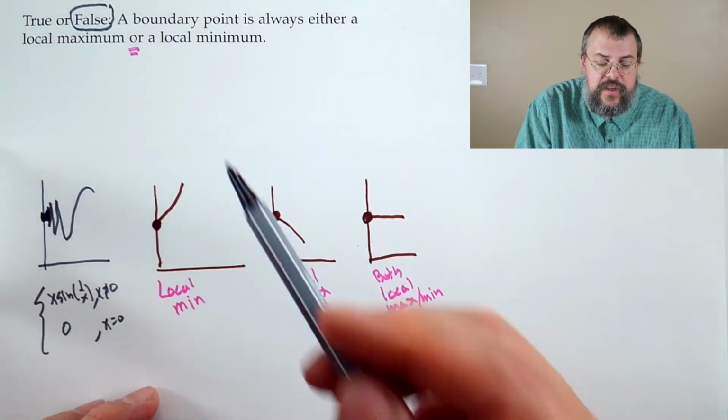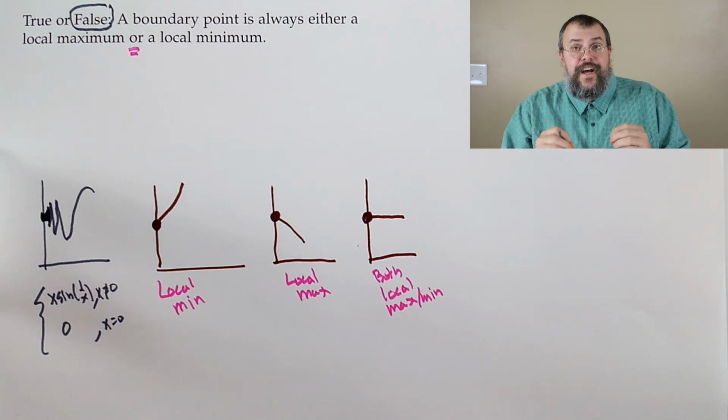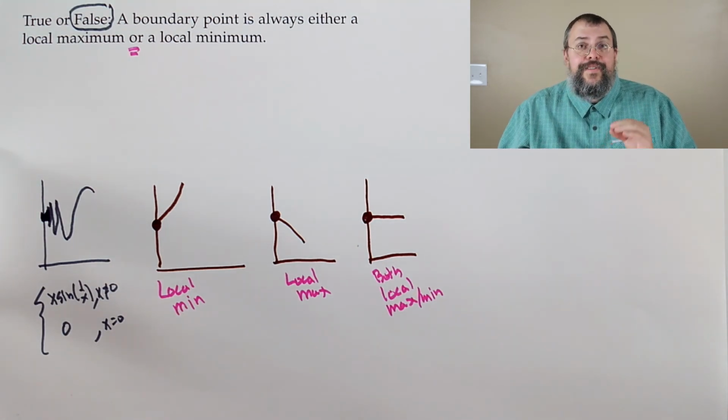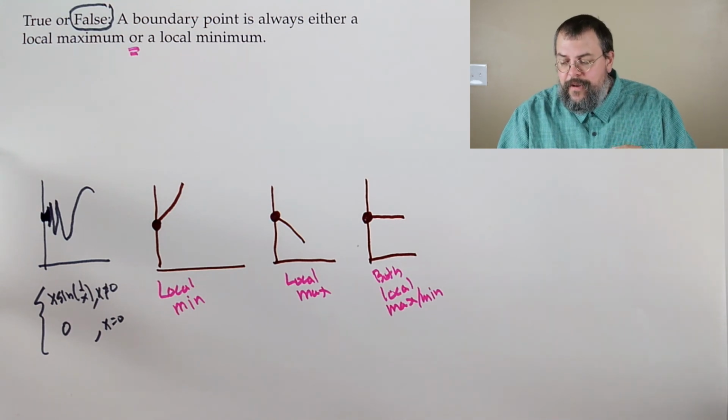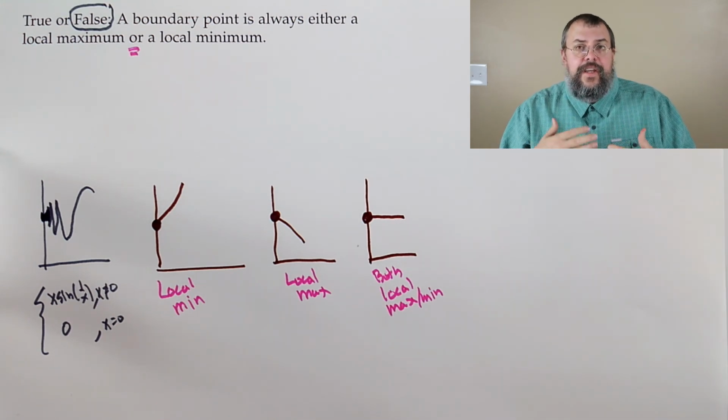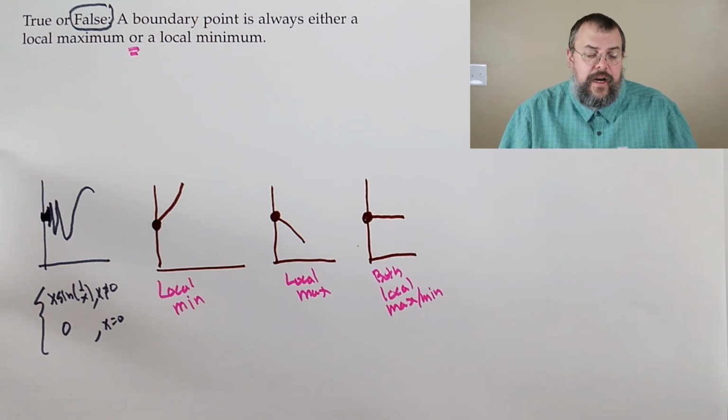So just because you're at a boundary point does not guarantee you're a local max or a local min. So be careful. You have to think, well, what do we actually know? And it's important to understand, do we understand the behavior nearby?